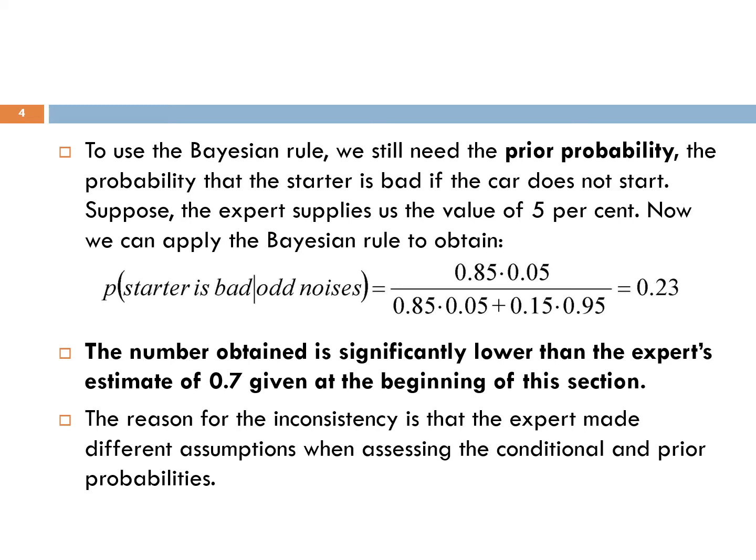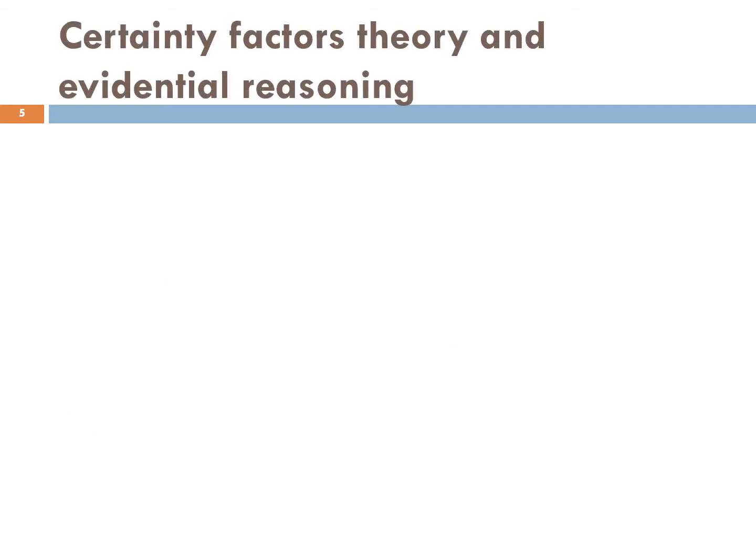Then we have another method where we use a certainty factor theory and evidential reasoning. So this is the other way of applying the expert system.